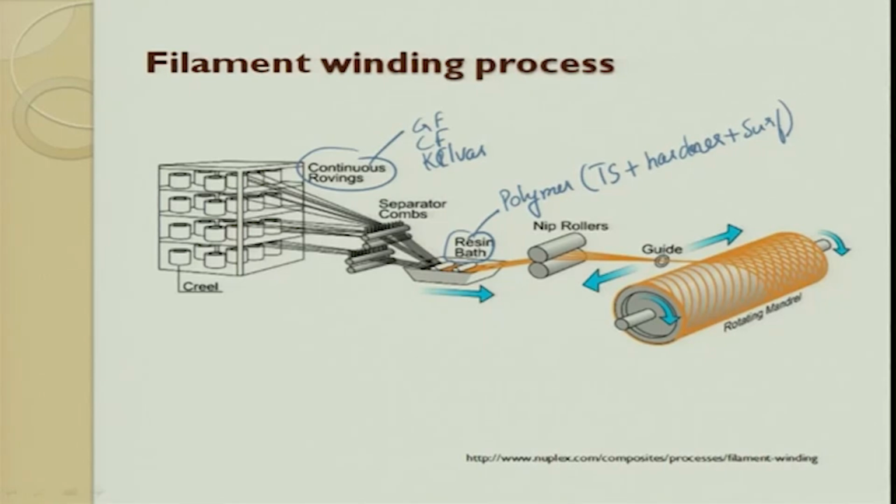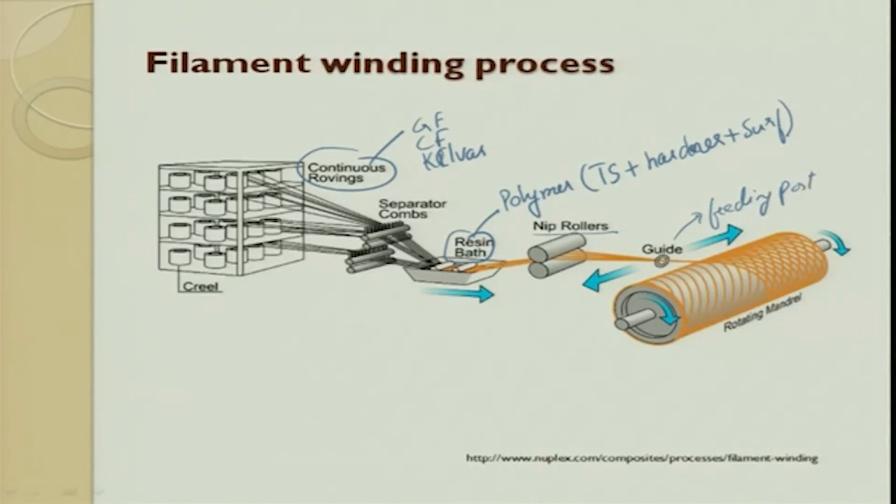This golden color means that resin is getting coated all along the fiber, and now this is passed through nip rollers, because you have to make sure excess resin should not be there. This excess resin is removed by passing through these rollers, so that we doubly make sure that there is a uniform coating of polymer around the glass fiber, and then it is moved to a small ring, which is called a feeding post.